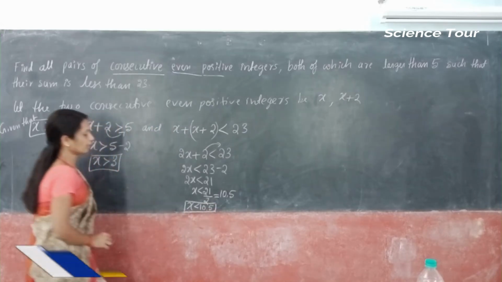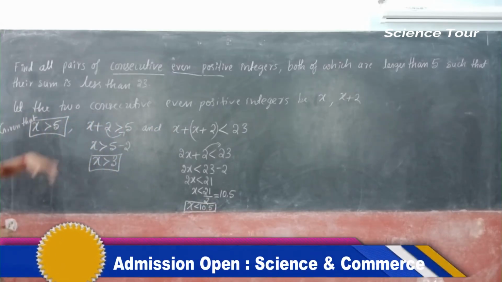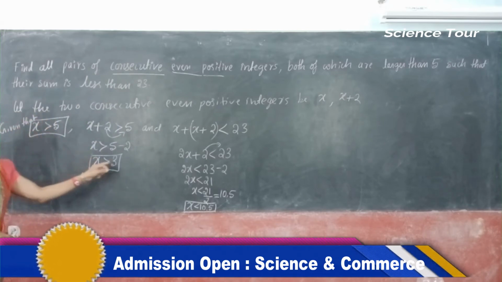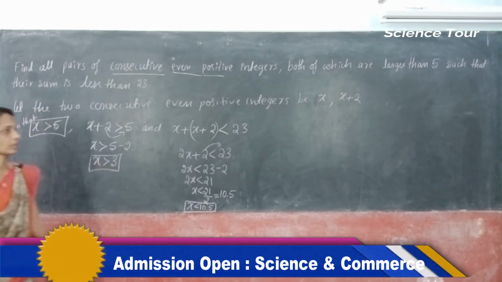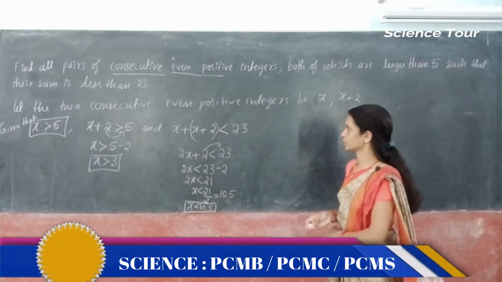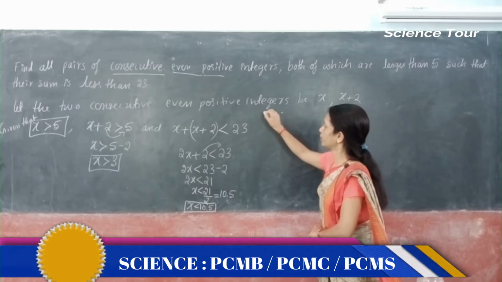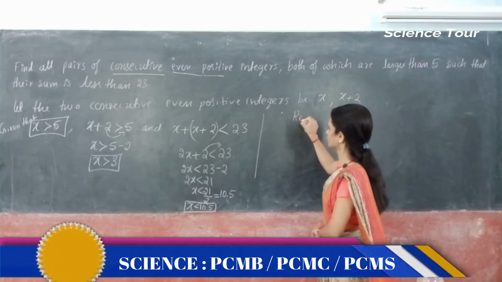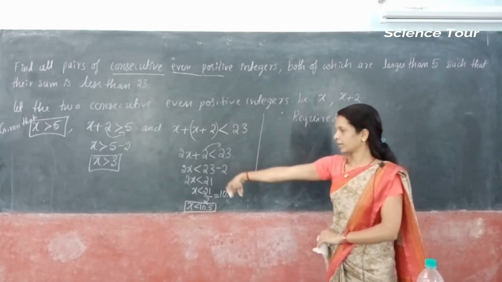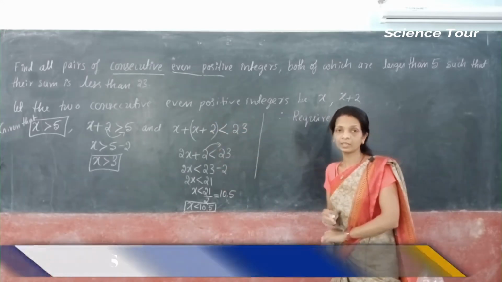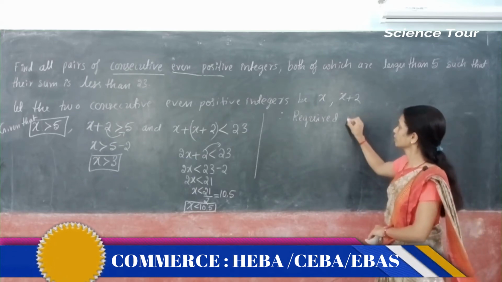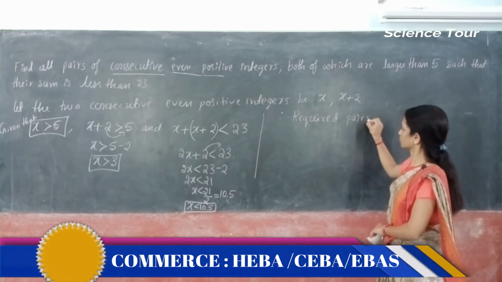So now to write the pairs of consecutive even positive integers, you have to use these three conditions. Which pairs are satisfying these three conditions? We check. Therefore, at the end, the required pairs are pairs which satisfy all these three inequalities.